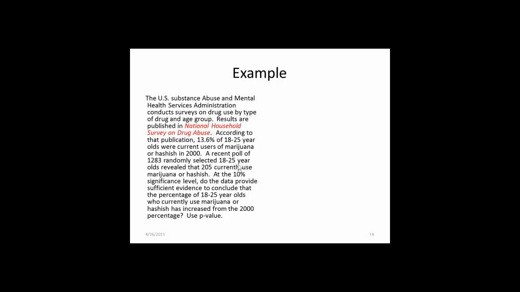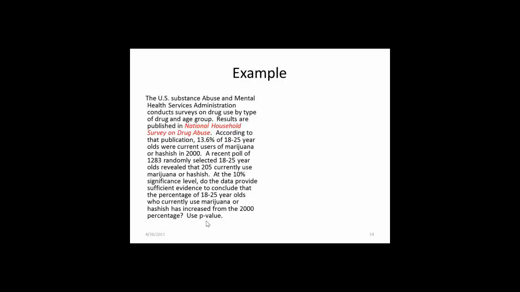In a recent poll of 1,283 randomly selected 18 to 25-year-olds, 205 currently use marijuana or hashish. At the 10% significance level, do the data provide significant evidence to conclude that the percentage of 18 to 25-year-olds who currently use marijuana or hashish has increased from the 2000 percentage?